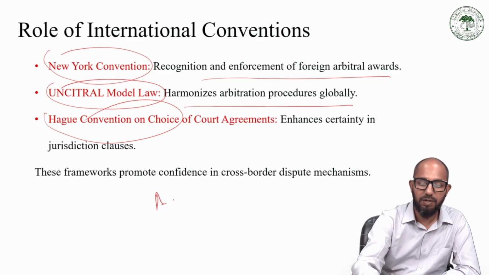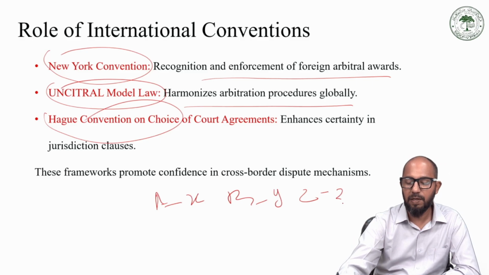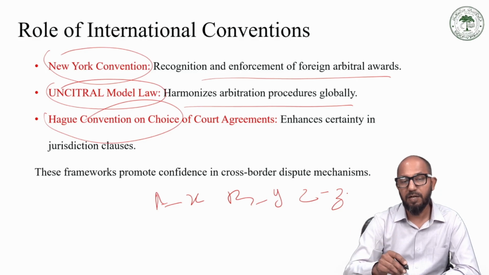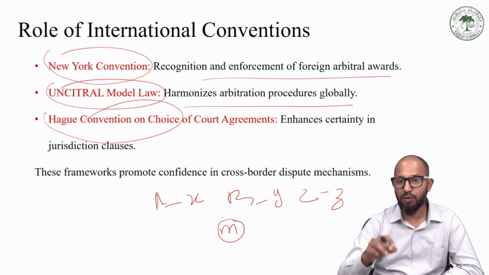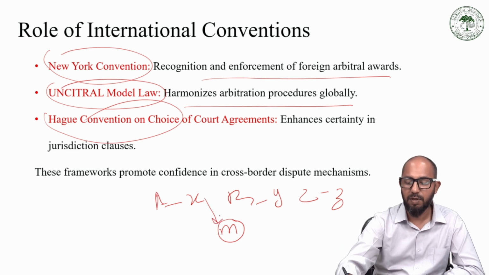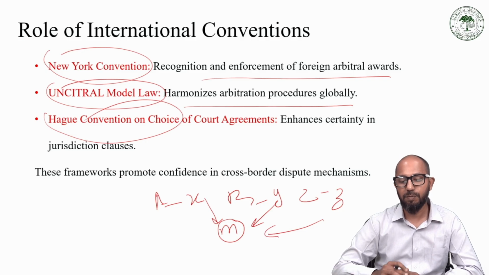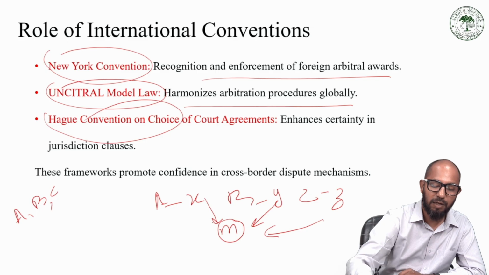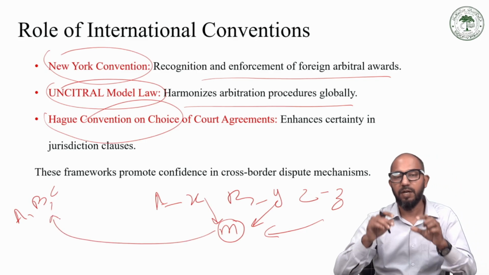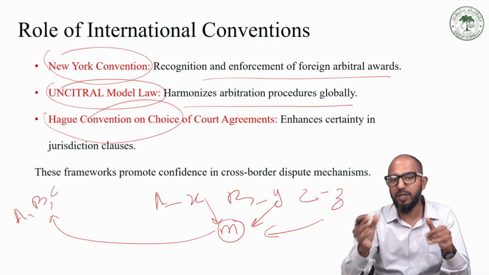Suppose there are three countries A, B, and C. A is following X convention, B is following Y, and C is following Z. But there is an international convention M, whose parameters are common. Some of X is in M, some of Y is in M, and some of Z is in M. Which means, why not have these countries A, B, and C use M, the international convention, instead of using individual different conventions?